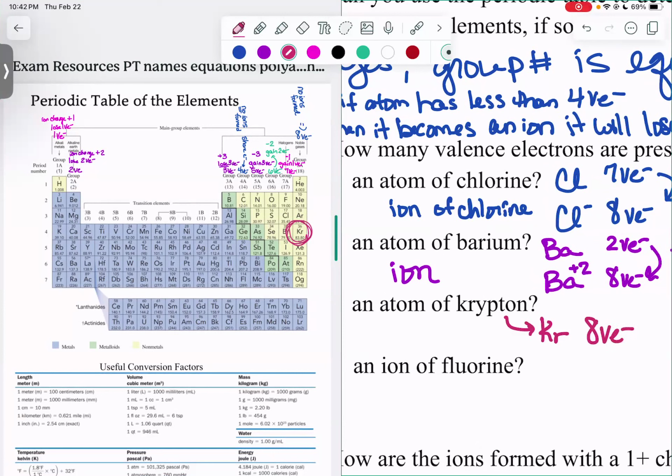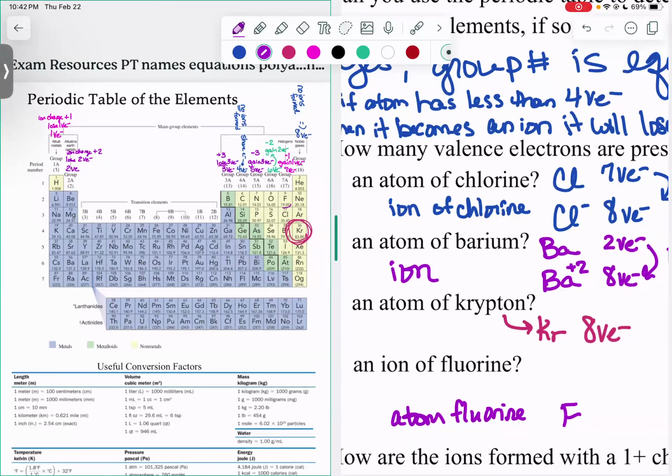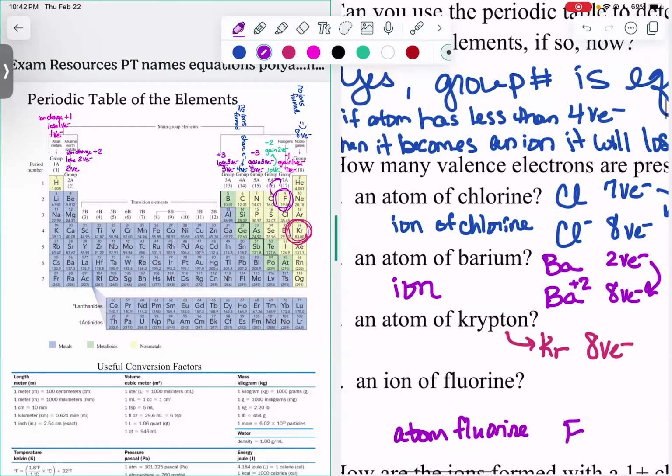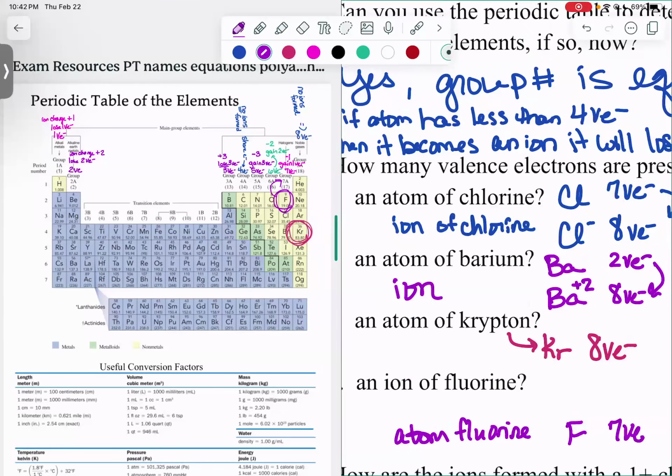Okay, an ion of fluorine, let's do an atom first. So I'll do it down here, an atom of fluorine. That's F. So fluorine is right here. It's a halogen. It's in group 7A. So it has 7 valence electrons.